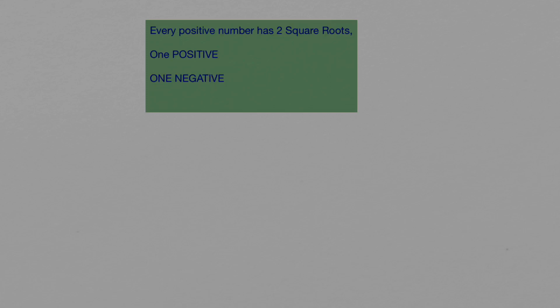The last question which we did was the square root of 81. The square root of 81 would be 9. So if they ask you to find both, then you write both positive and negative.